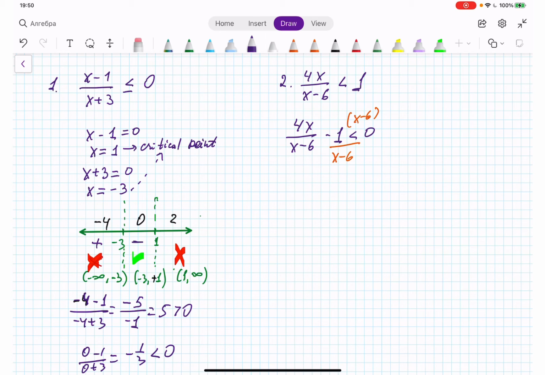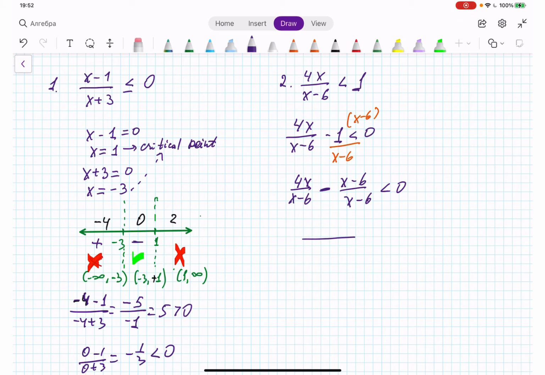And practically, I'm getting 4x minus (x minus 6) over x minus 6 less than 0. Keep in mind that when we are dealing with an inequality, we cannot drop any denominator. We are going to drop the denominator only when we are solving a linear rational equation. So the common denominator is x minus 6.